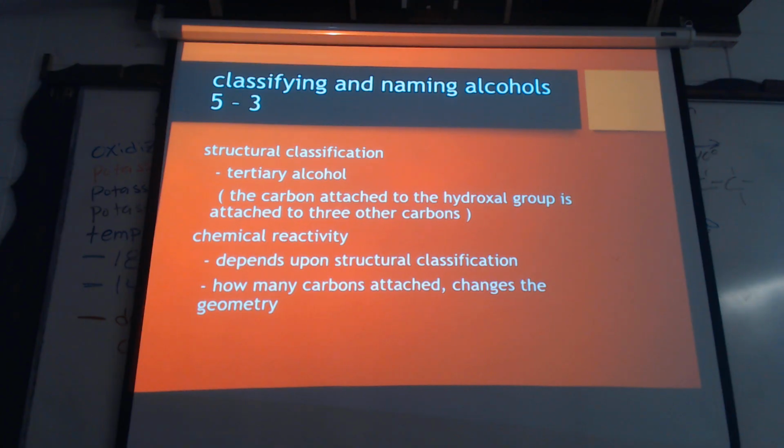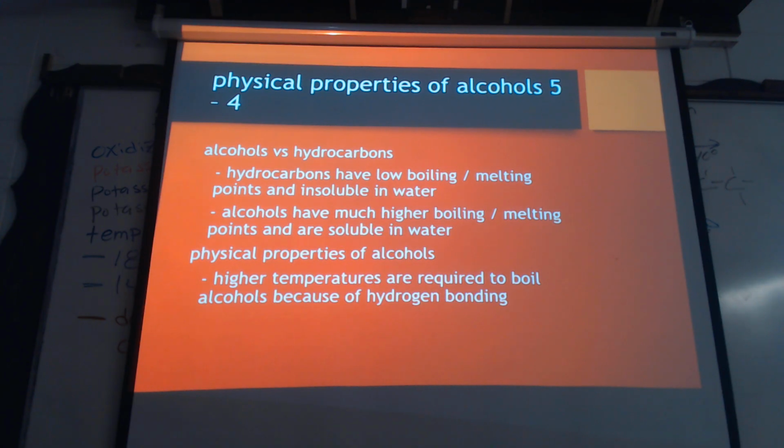Okay, so when we look at these, as you're writing these down, you might be pondering why something like this is important when we're talking about some of the physical properties.